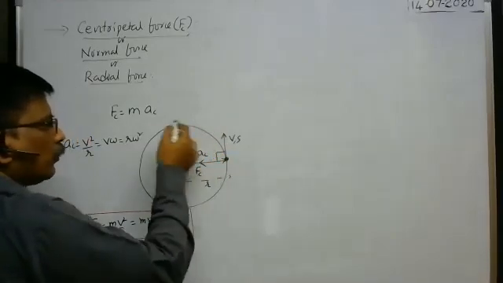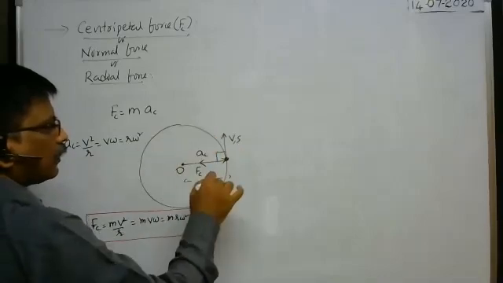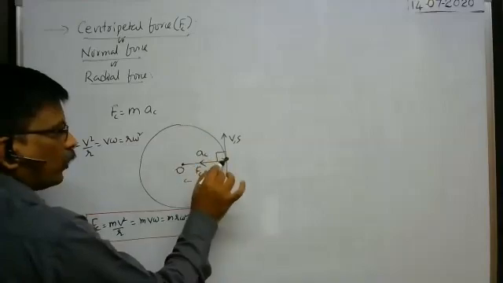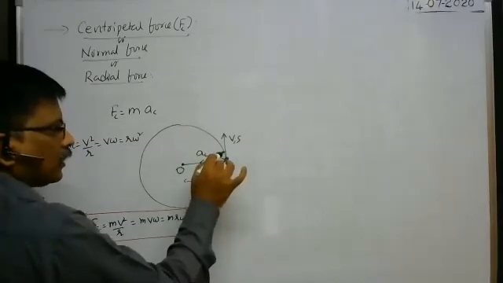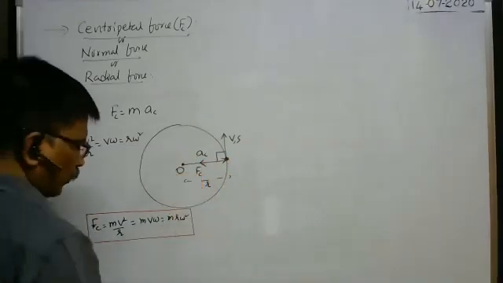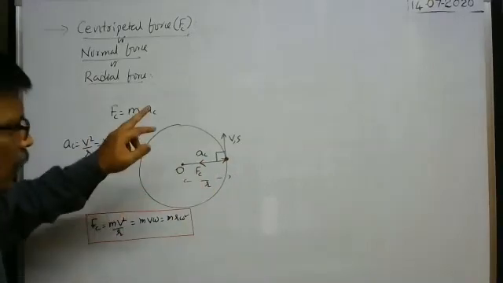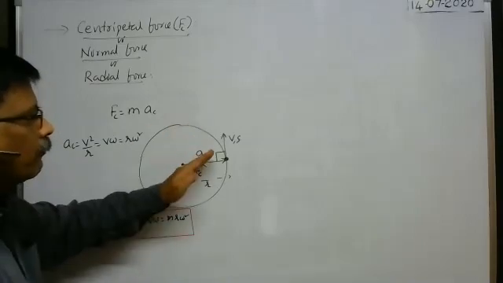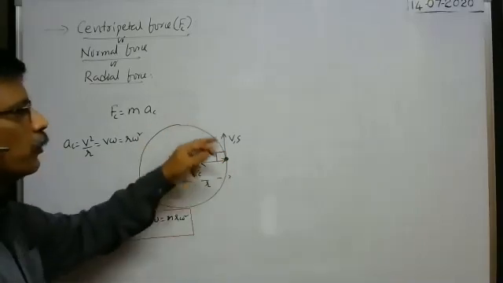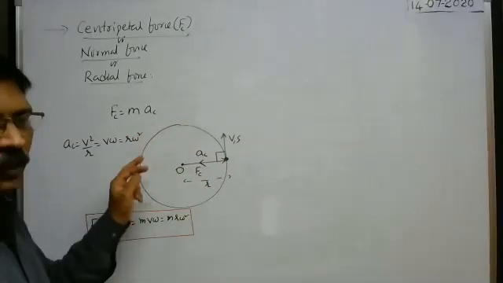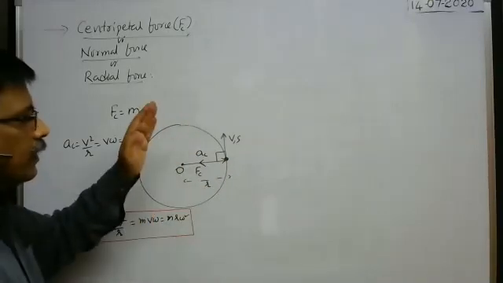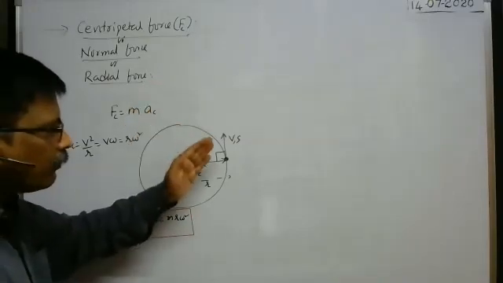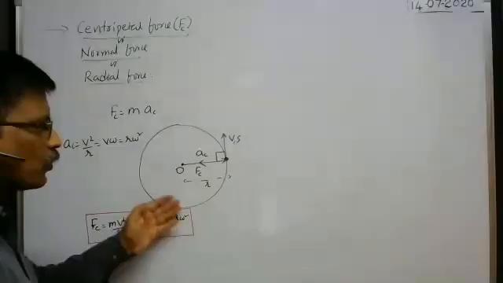Throughout the motion, when the body travels along the circular path, for any force which acts on the particle perpendicular to its direction of motion, as no work is done, there is no change in the speed of the body due to this force. But what is the role of the centripetal force? The centripetal force causes only a change in the direction of motion of the body. That's why centripetal acceleration or centripetal force is the cause of the body changing its direction of motion only.